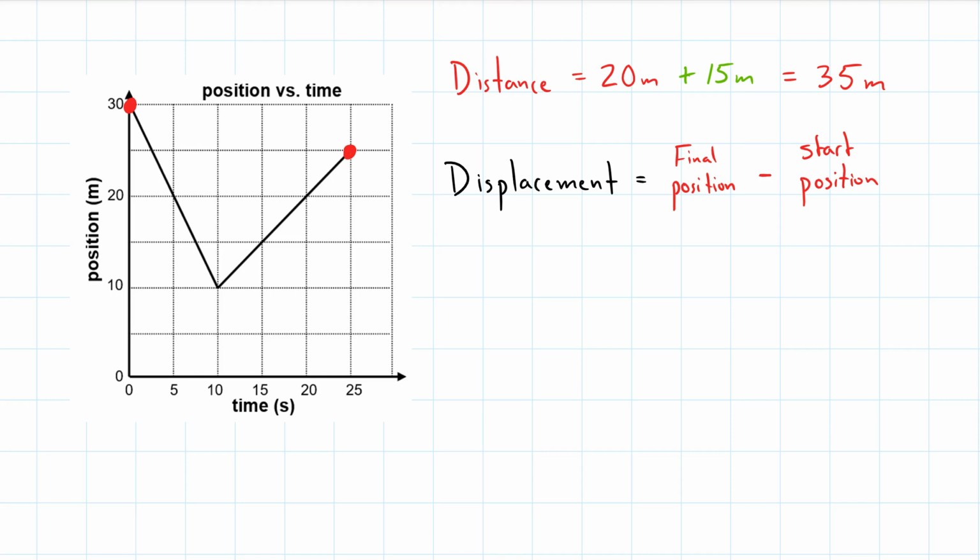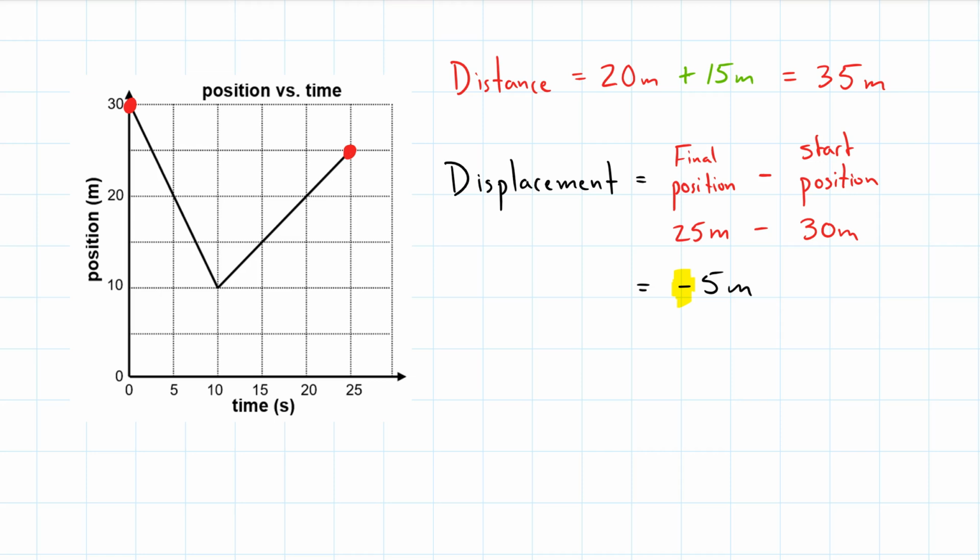Okay, and it becomes just what we got. Final position was 25 meters. Starting position was 30 meters. And so the overall displacement ends up being negative 5 meters. Now that negative sign right there is important because that tells us something. With displacement, the direction matters.